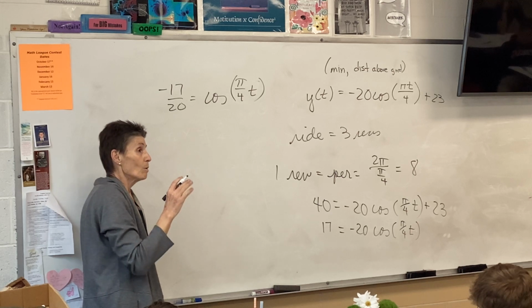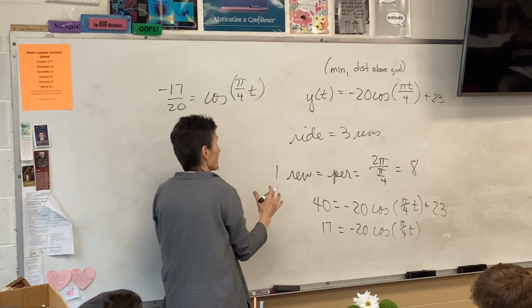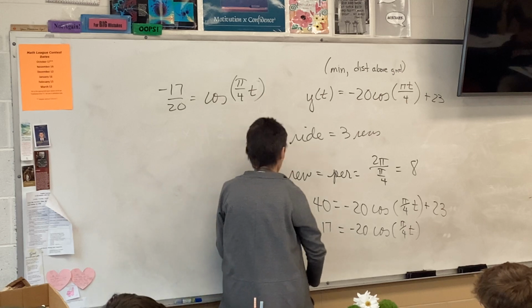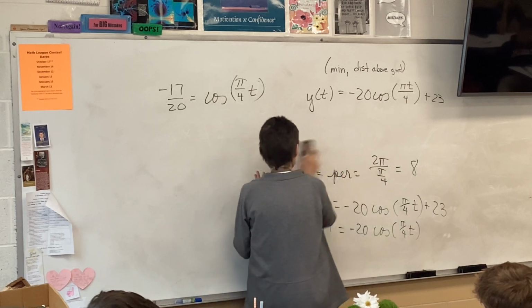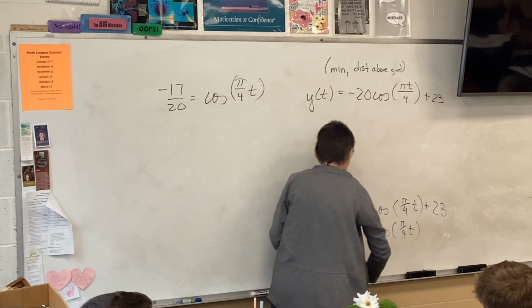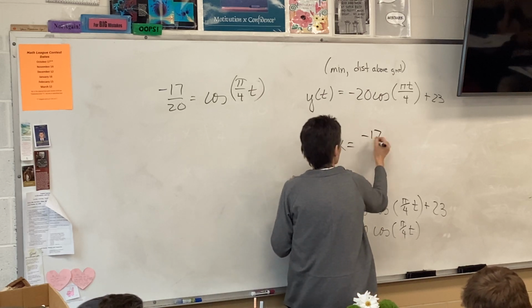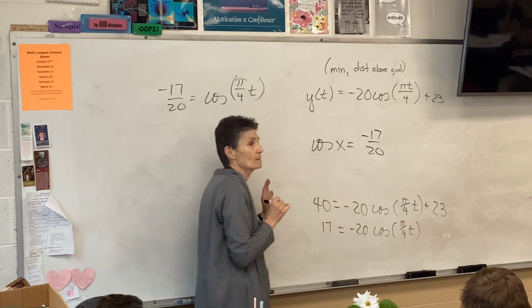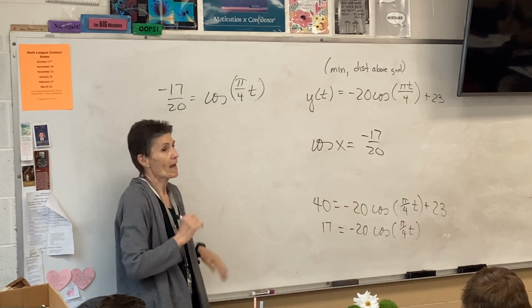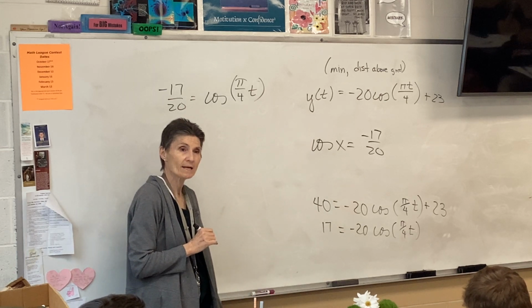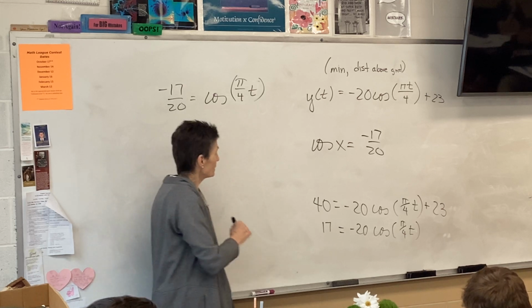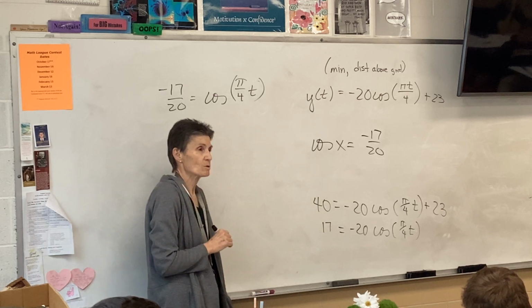All right, now, let's just step aside for a second. What if you had the problem and it just said cosine x equals negative 17/20? How would you do that problem? What would you think about?